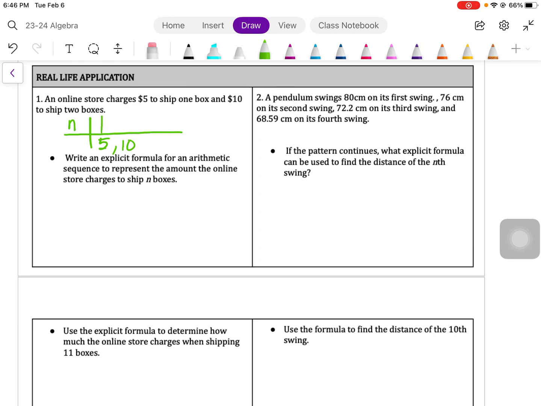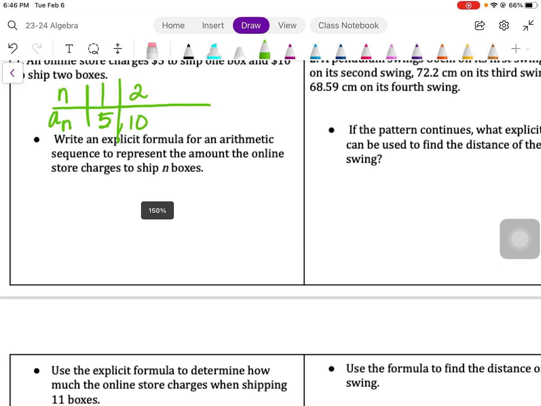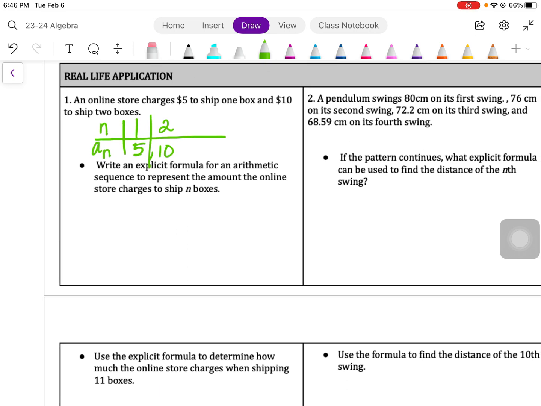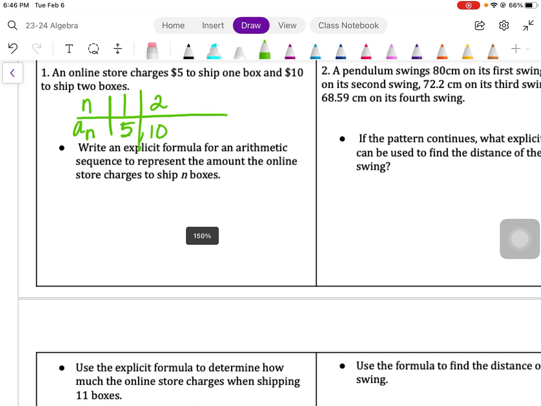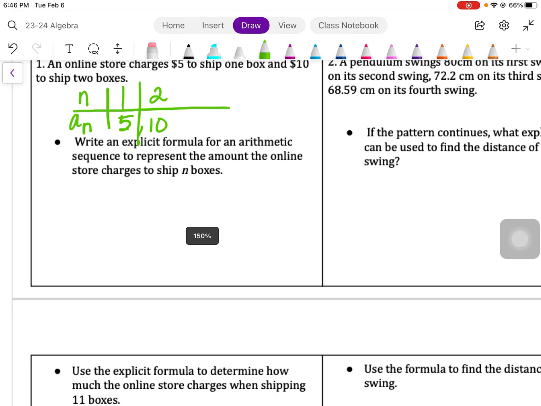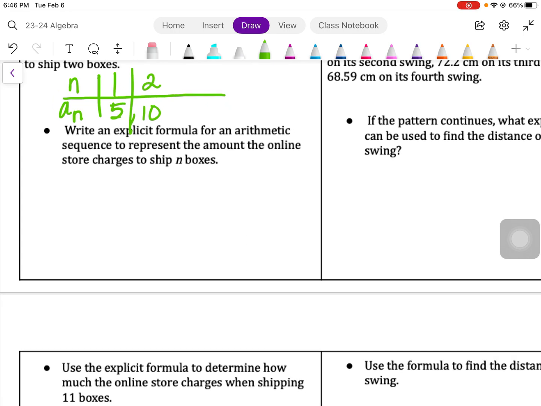Our inputs we call n, which is the number of the term, and our output is a sub n. So our outputs are the numbers in the sequence. In other words, the first term is 5, the second term is 10, and so on. We could keep going with this.